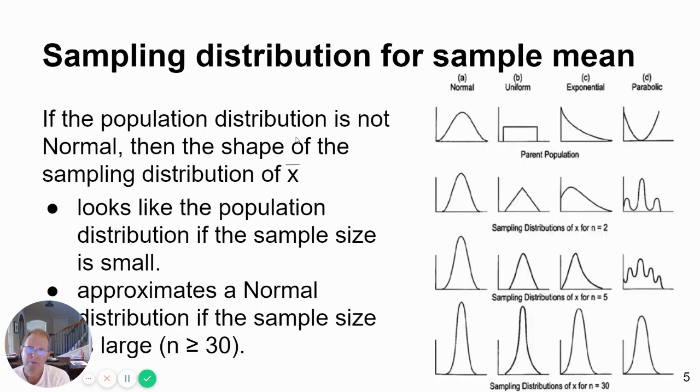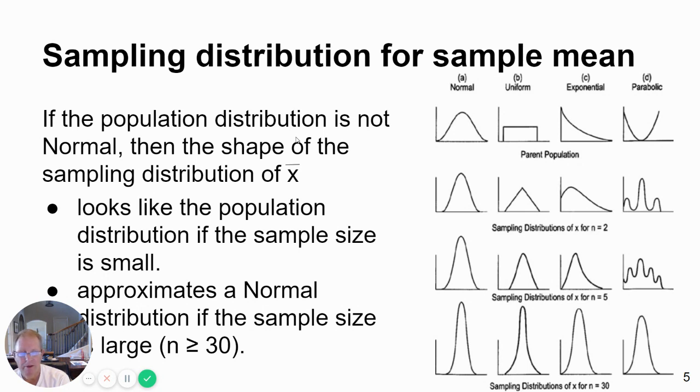Now I want to talk a little bit more about the shape. Remember, I showed you that if the parent population shape is not normal, the sampling distribution appears to be normal or approximately normal if the sample size is large enough. So let's talk about that. If the population distribution is not normal, then the shape of the sampling distribution of x bar looks like the population distribution if the sample size is small.